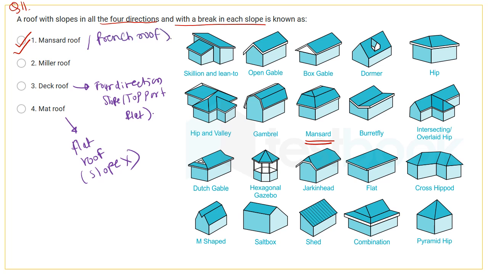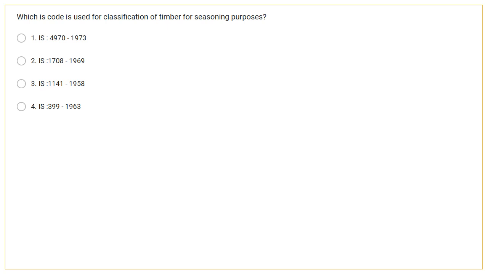The next question is question number 12. Which is the code used for the classification of timber for seasoning purpose? Here the first code is used for the identification of commercial timber.